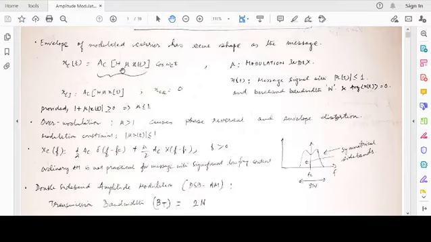Abrupt change means if it crosses 0, there is a sudden change in the amplitude. We'll see via a picture in the next slide.